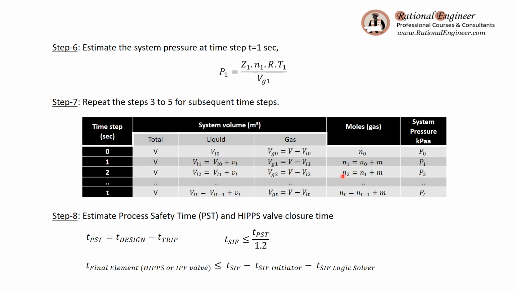Then we estimate the moles of gas at time step 2, which is the moles of gas at time step 1 plus the additional molar rate from the incoming gas-liquid fluid. Then we calculate the system pressure at time step 2 using the moles of gas in the system and the available gas volume of the system, and so on.